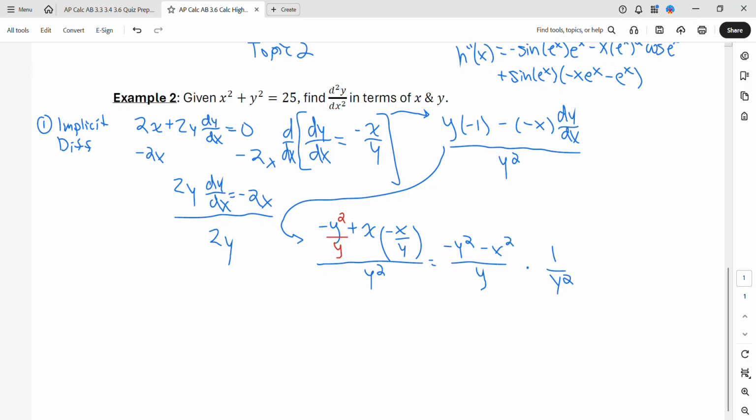Now, we are nearly there. We could just combine this and have negative y squared minus x squared over y to the third. But here is something cool about some of these conic sections.